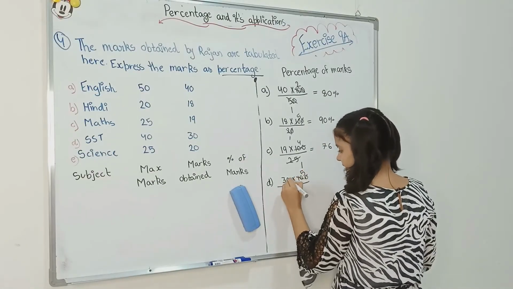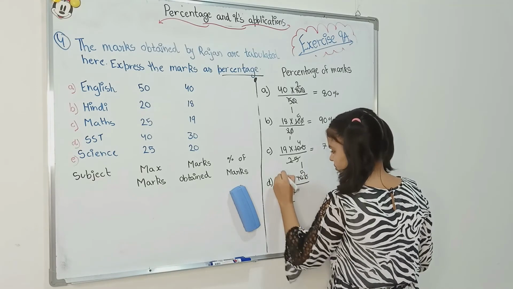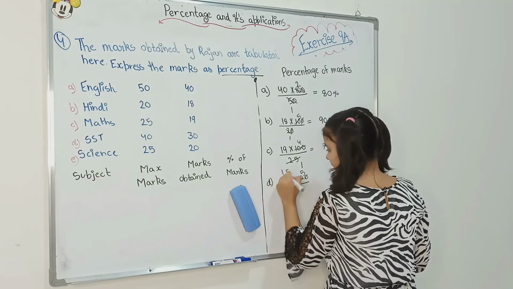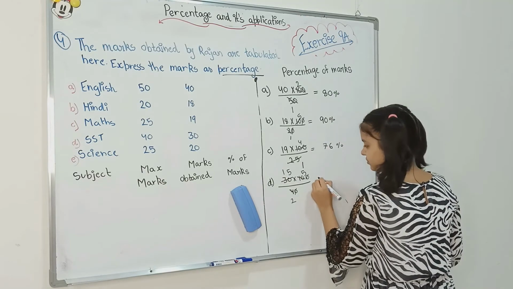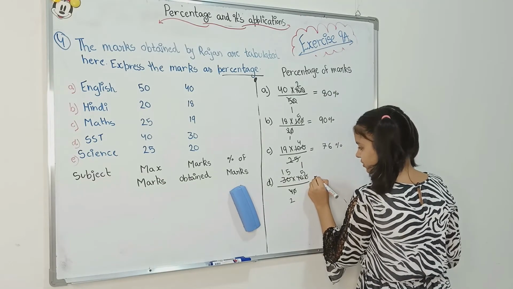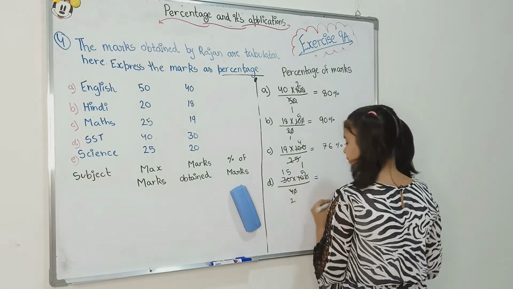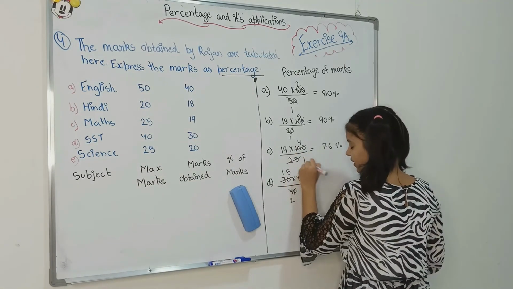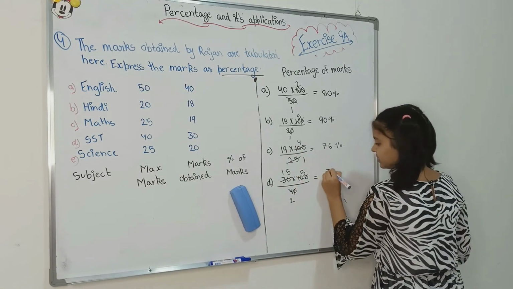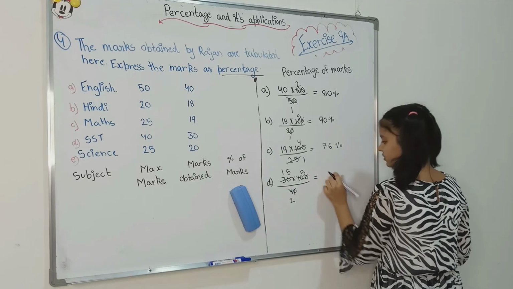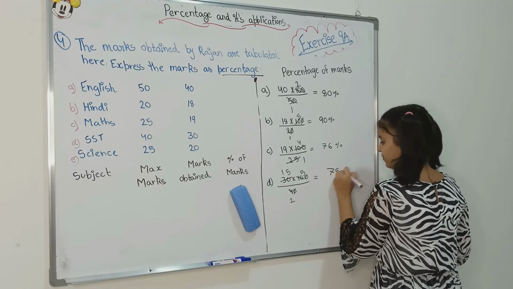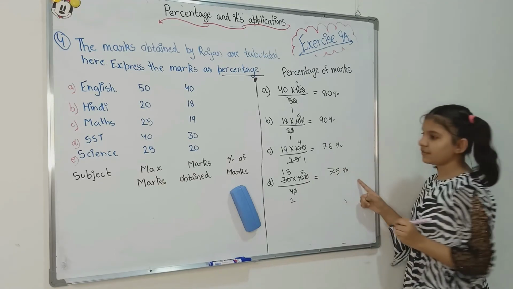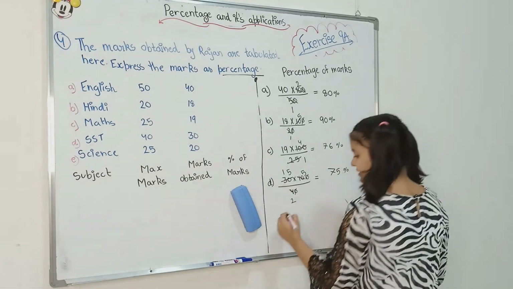Then when we multiply, divide these, so 2 1s are 2, then 10, so 15. So 15 into 5 is 75%. Yes, 75% for SST. Then last is E science.